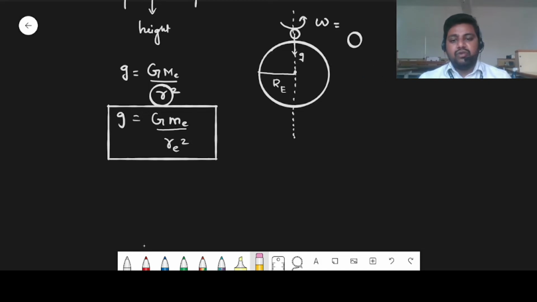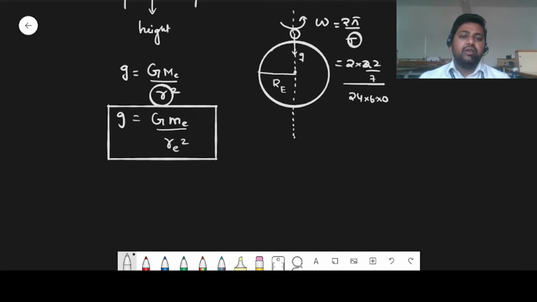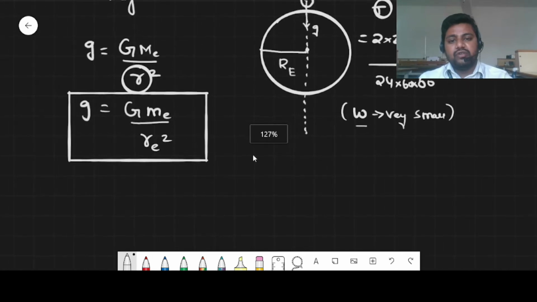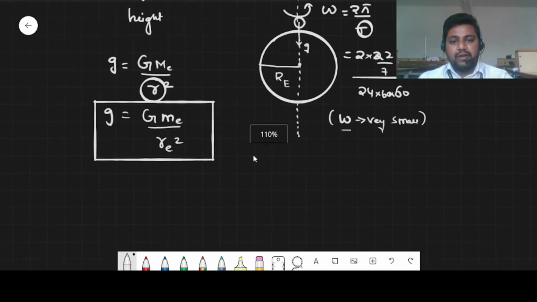You simply substitute in that formula. 2 into pi, in general form 22 by 7 or 3.14, divided by 24 into 60 into 60, and you will see the value of omega is very small. If the angular velocity is very small, we have to analyze what its effect is on the rotation of the object. So let me draw it here.